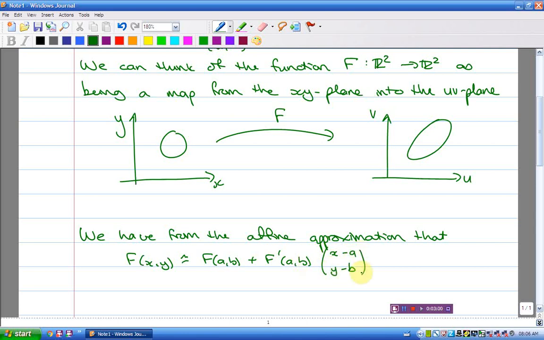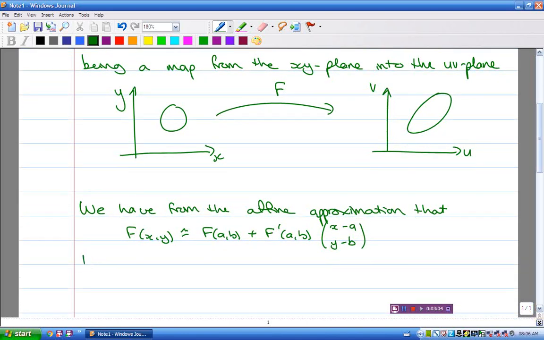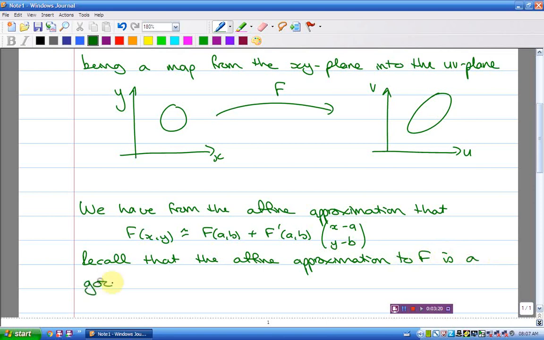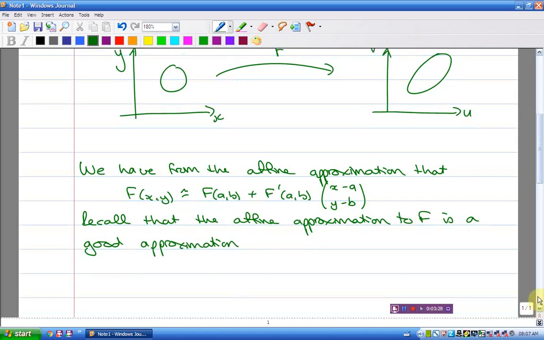Okay, there's the affine approximation. And recall that, as with pretty much all approximations, the affine approximation to big F is a good approximation as long as we don't move too far away from that point AB.